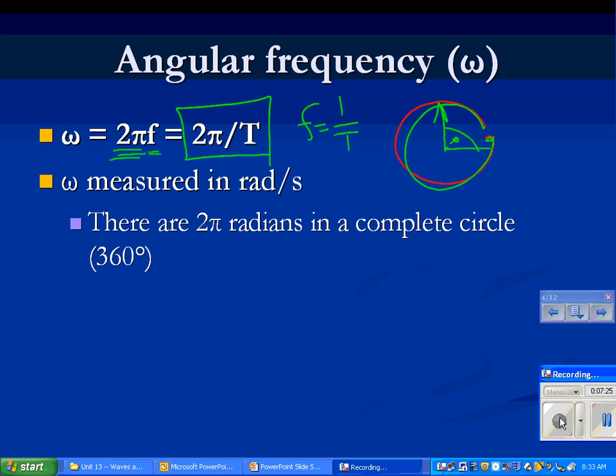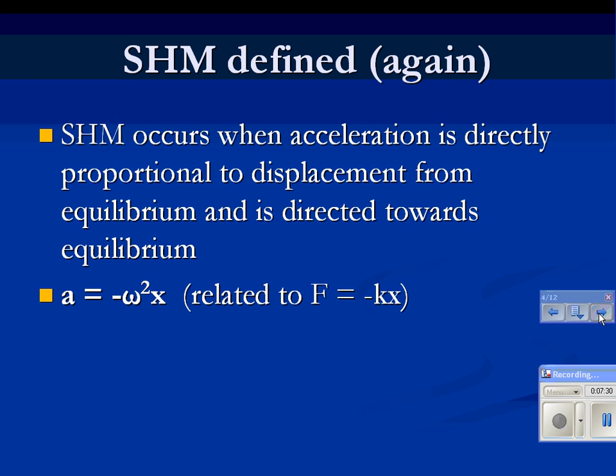So now let's look at our definition of simple harmonic motion once again. Simple harmonic motion is a type of motion that occurs when the acceleration of an object is proportional to its displacement from equilibrium and is directed in the opposite direction, or directed back towards equilibrium. So whenever you have a situation where the more you move something away from equilibrium, the greater the force gets, and that force is directed back towards equilibrium, you will get simple harmonic motion.